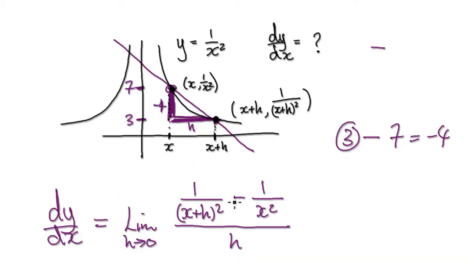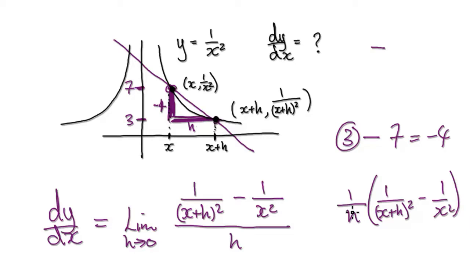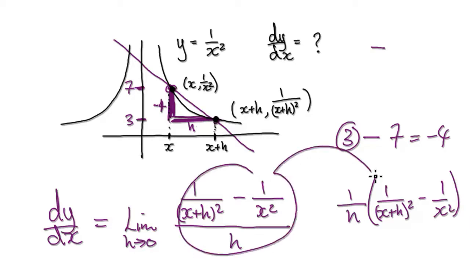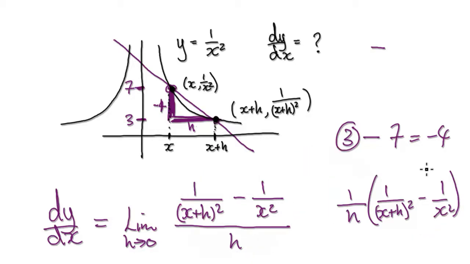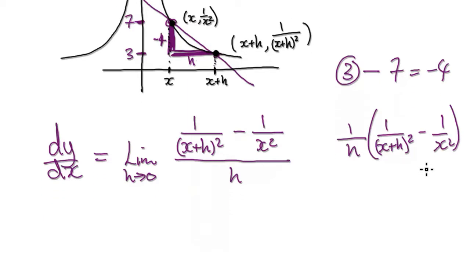So now imagine this as 1 over h, and then 1 over (x plus h) squared take away 1 over x squared. And the reason why you can jump from here to here is because of this. Imagine you've got a fraction within a fraction.